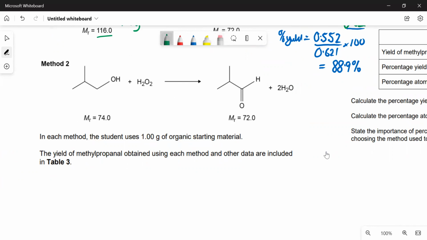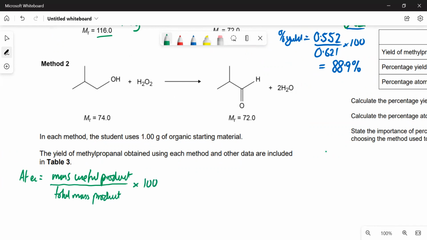Atom economy is equal to the mass of the useful product over the total mass of product, multiplied by 100.